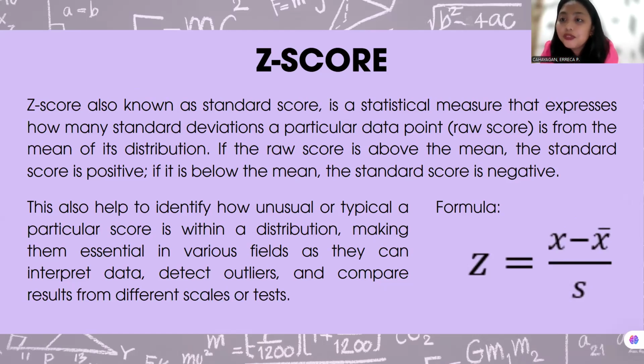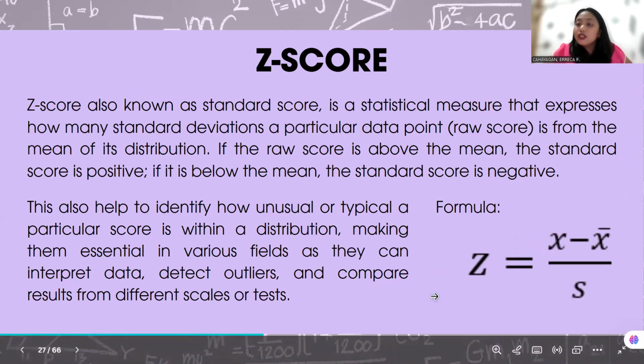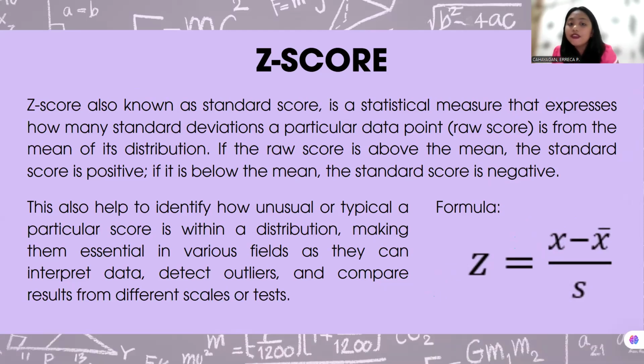So this z-score formula is your score, the x, minus the mean or the average score of the whole class, over the standard deviation. Standard deviation measures how spread out the numbers in the data set are around the mean or the average.